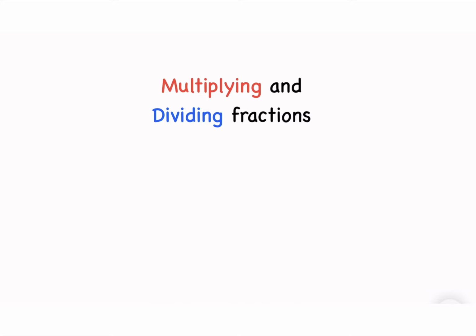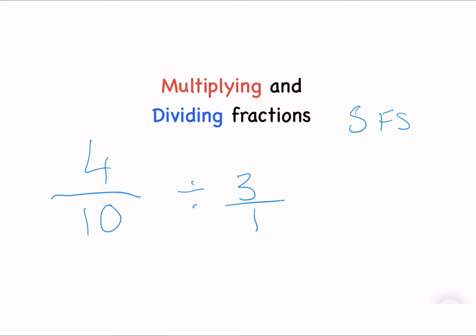Let's try another one. If I take 4/10 divided by 3, now let's have a look at how we do this. So remember, stick, flip, switch. So I'm going to stick a 1 underneath, cross that off to show that I've done it. I'm going to flip it, so instead of 3 over 1, it becomes 1/3, cross that off, and switch my sign.